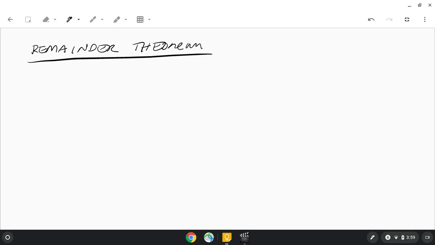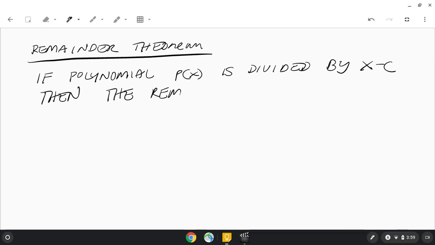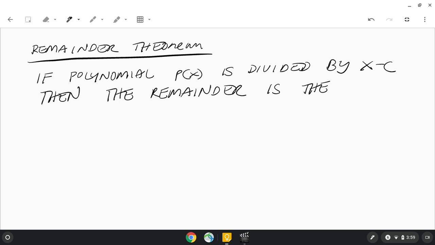So this here states that if polynomial p of x is divided by x minus c, then the remainder, that last number that you get when you do synthetic division, that's your remainder. The remainder is the value of p of c.